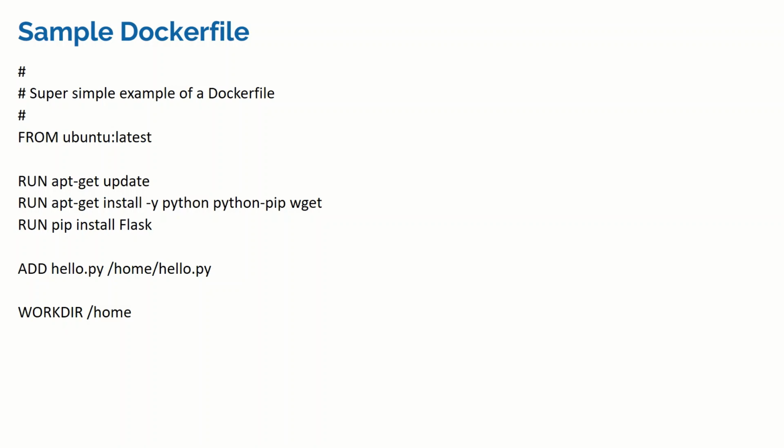I update apt-get to the latest version, and then I will install the following software into my Ubuntu, which is Python, pip, and wget. And after all these are installed, I'll then install Flask. So this is the first portion of this Dockerfile.